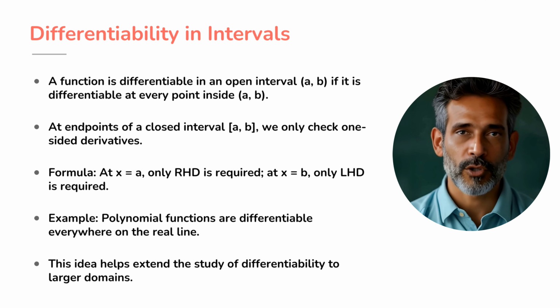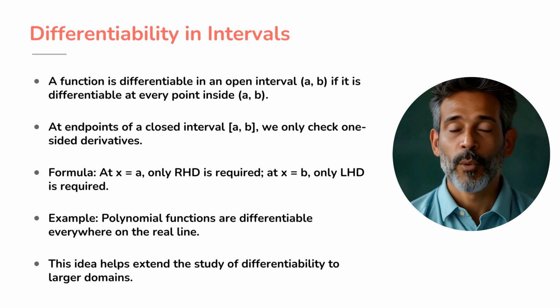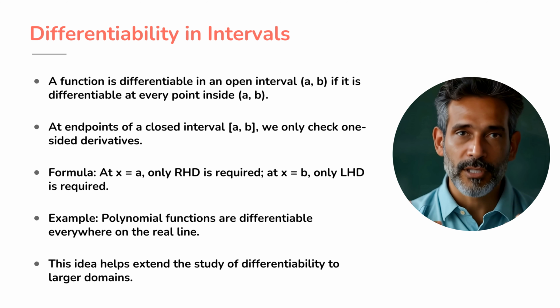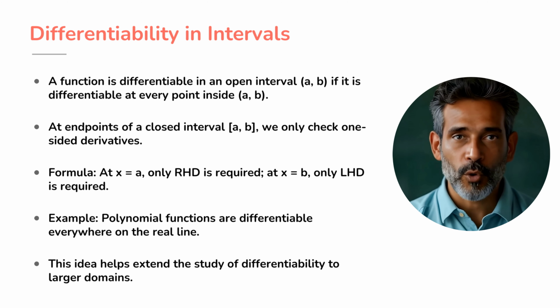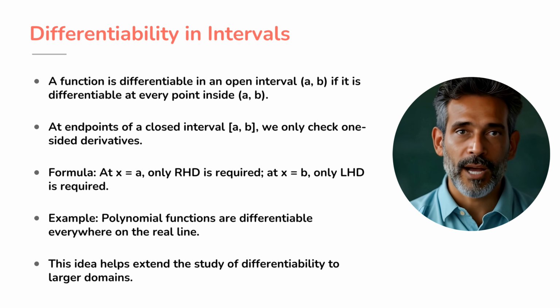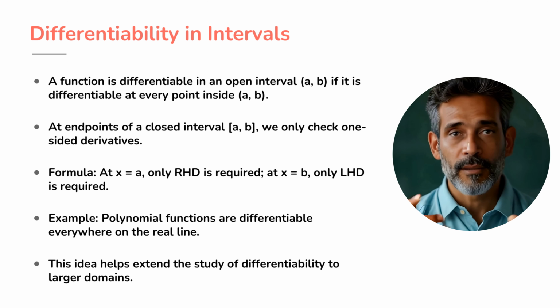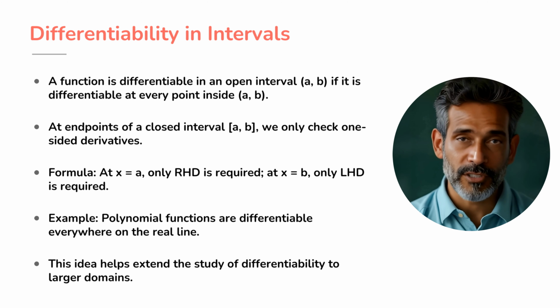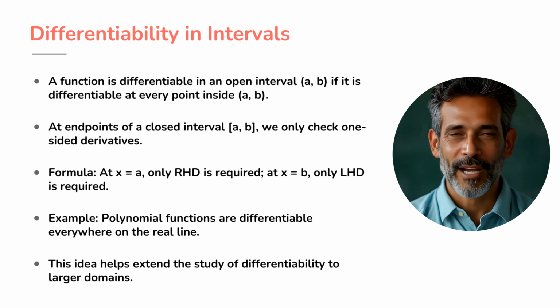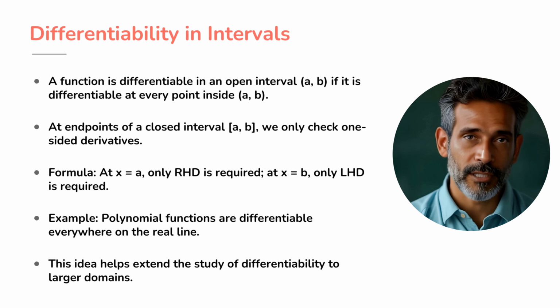So far, we talked about differentiability at a point. What about intervals? A function is said to be differentiable in an open interval (a, b) if it is differentiable at every point inside that interval. For a closed interval [a, b], the rule is slightly different.